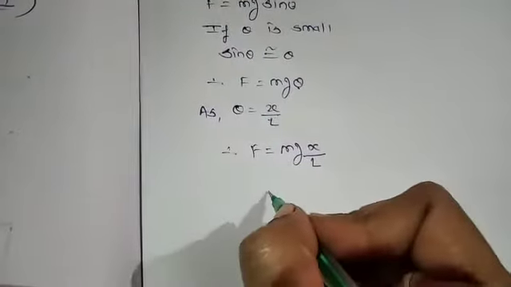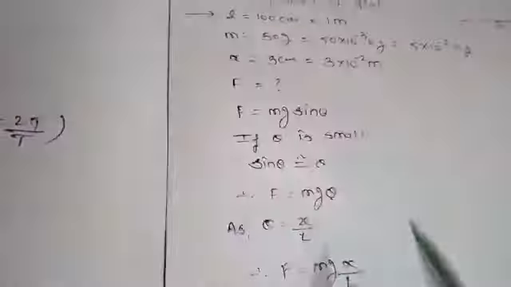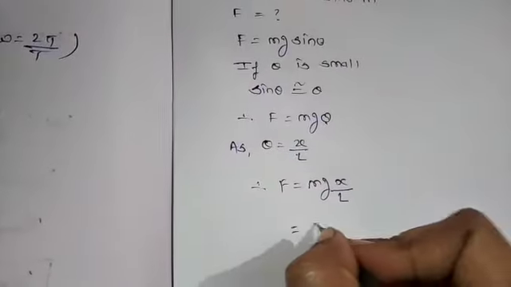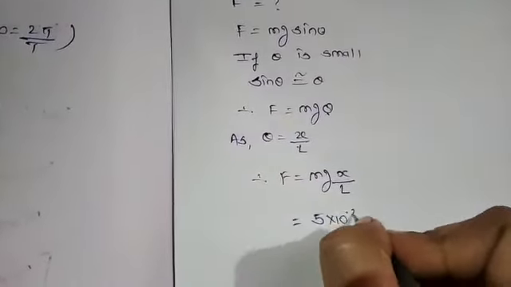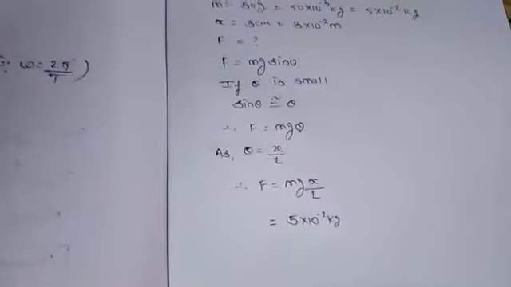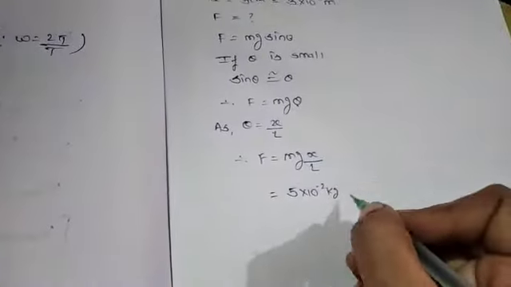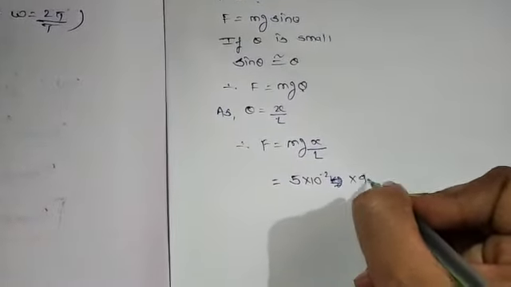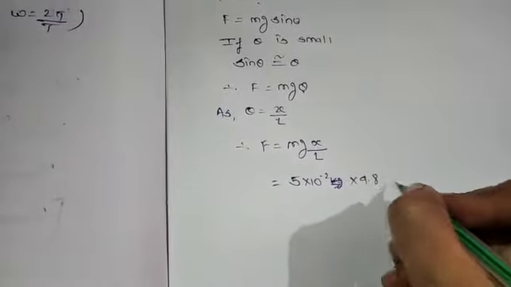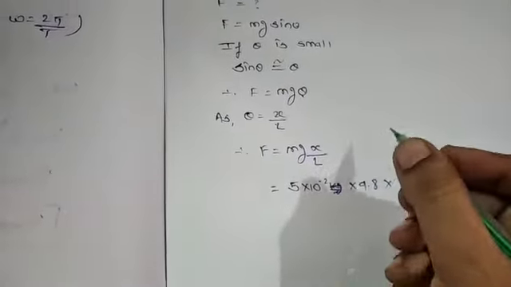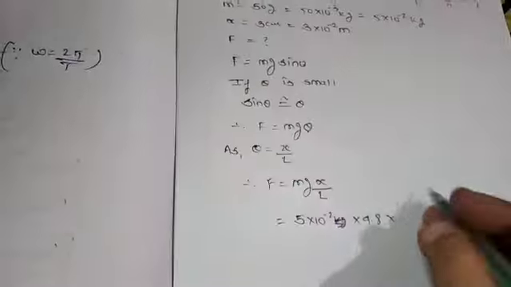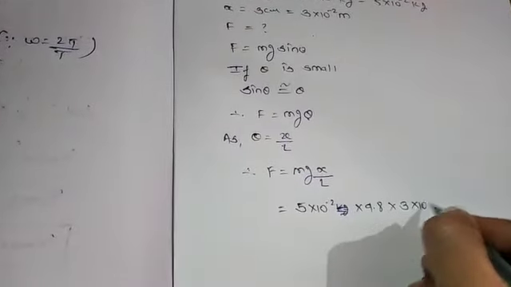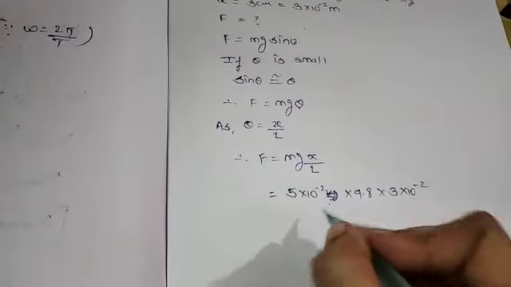Put values here. What is the value of m? It is 50 gram, so it is 5 into 10 to the power minus 2 kg. Then next, g is gravitational acceleration, it is 9.8, and x, the displacement, is in meters, 3 into 10 to the power minus 2.